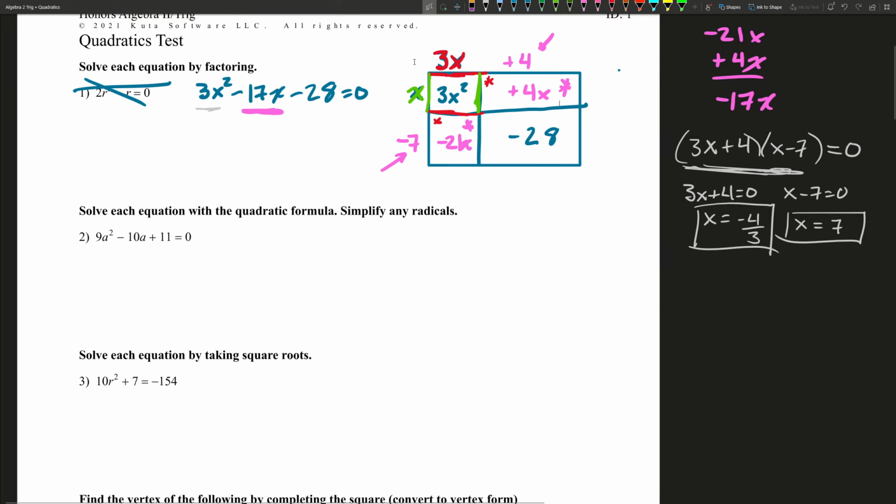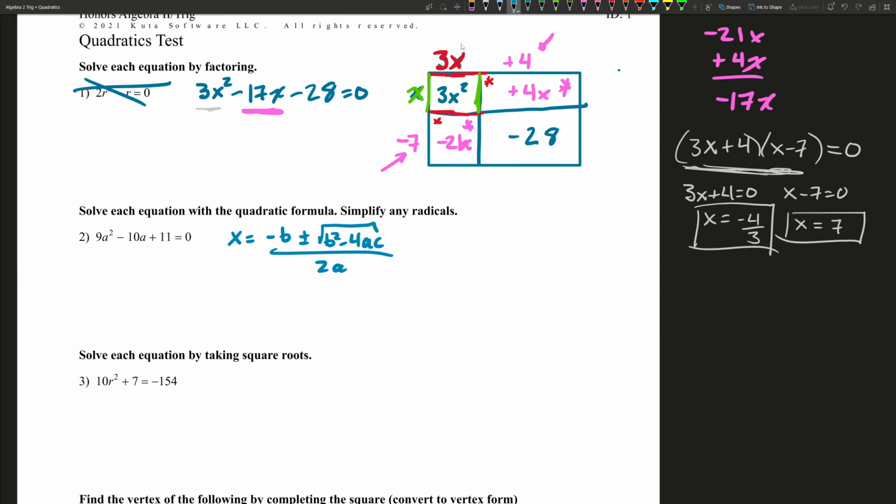All right. The next one, solve each equation by using the quadratic formula. We should all know the quadratic formula by now. That formula is x is equal to negative b plus or minus the square root of b squared minus 4ac, all over 2a. All right, and all we do is we identify a, b, and c, plug it in, and simplify as much as we can.